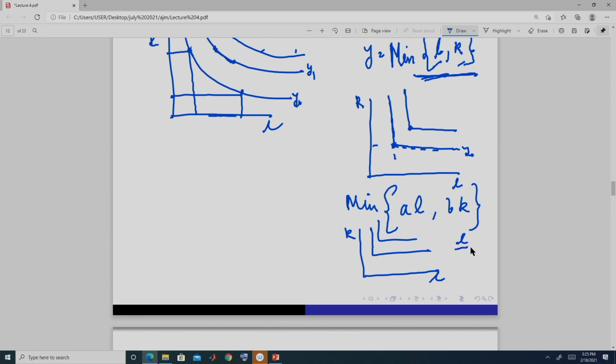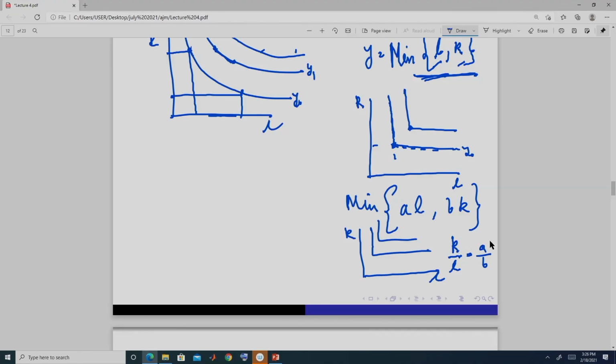If we look at the K by L ratio here, it should always be in the A by B ratio. So, in this production function, the inputs capital and labor should always be used in this ratio to get an output.